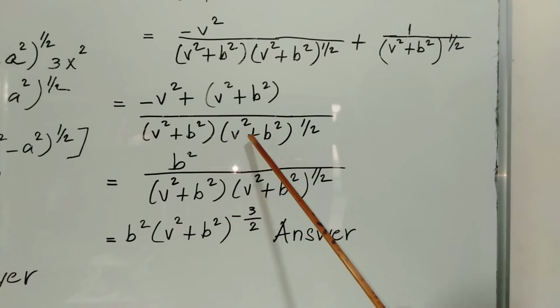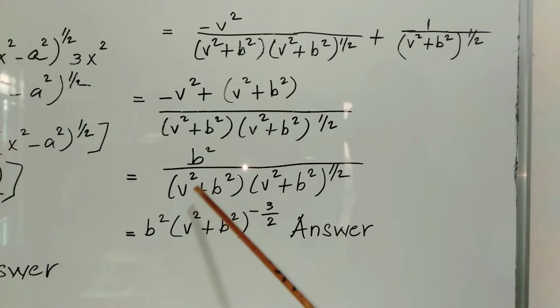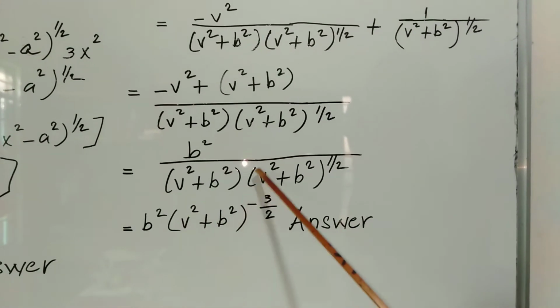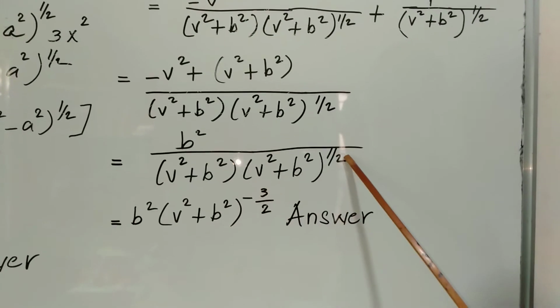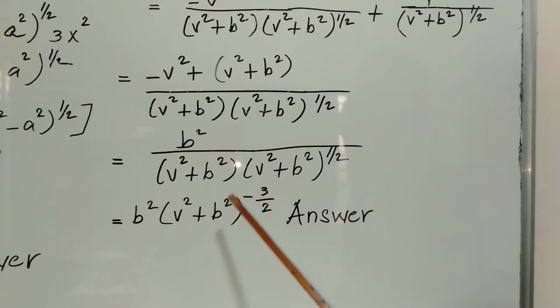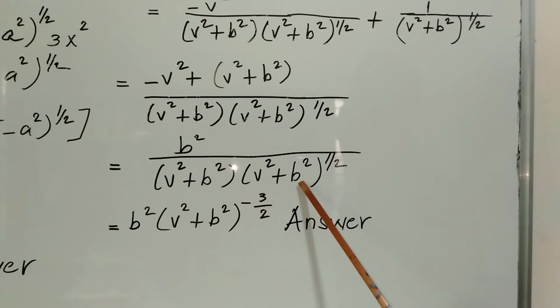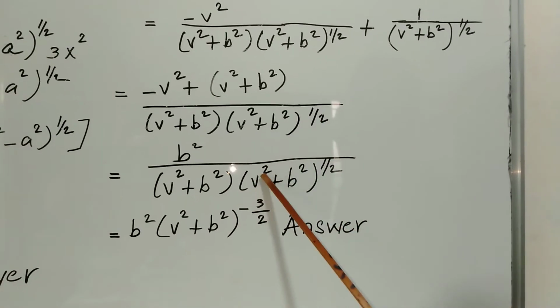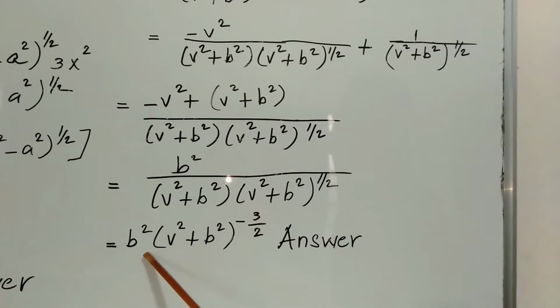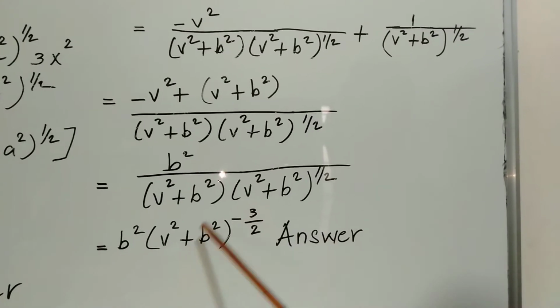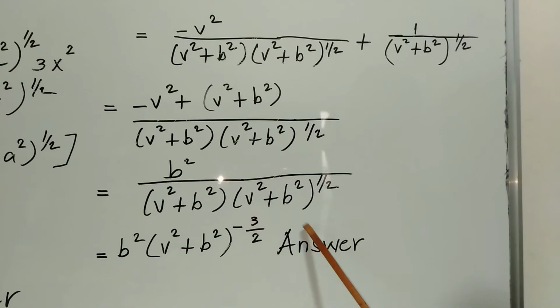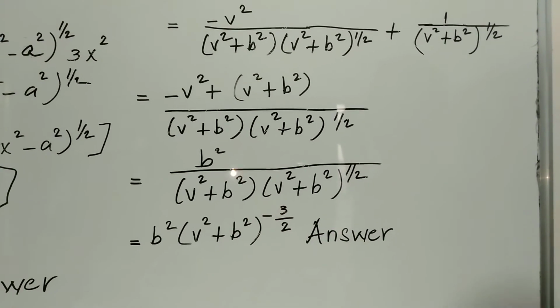Over b squared plus b squared raised to 1 half. So our final answer, we just put this up in the numerator: b squared times the quantity b squared plus b squared raised to negative 3 over 2. So this is our final answer.